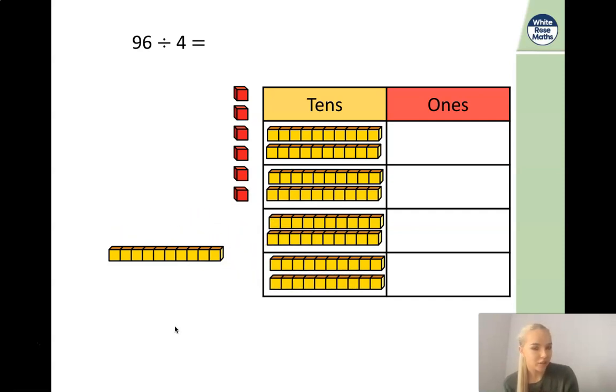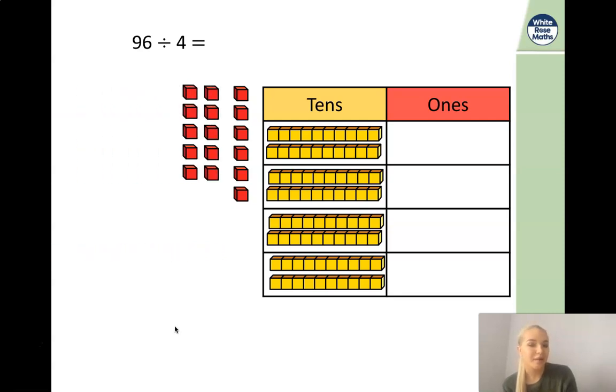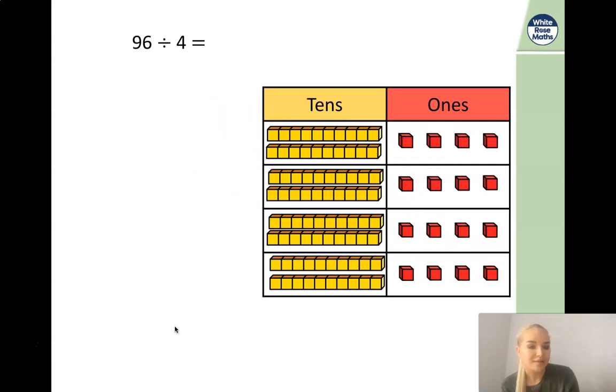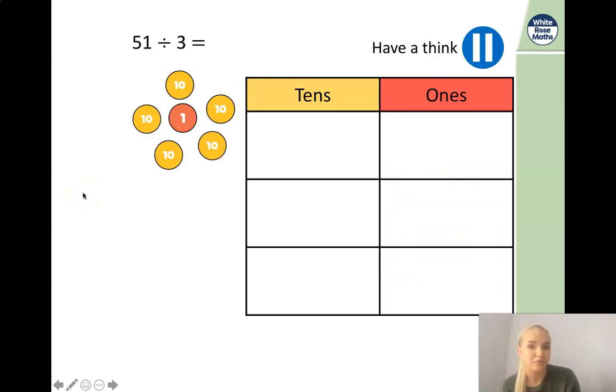What can we exchange 1 ten for? 10 ones, absolutely. So we now have 16 ones that can be divided equally into our 4 boxes. So we're going to do that now. And when you're happy that all of the ones have been used, we can now begin to count our row. So we know in each row we have 2 tens and 4 ones, which is the same as 24.